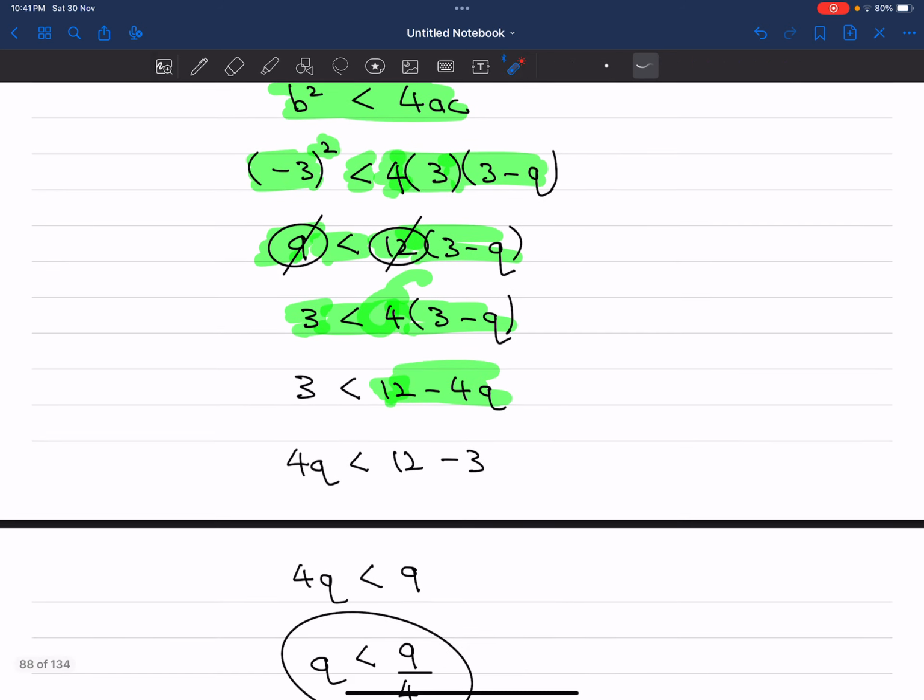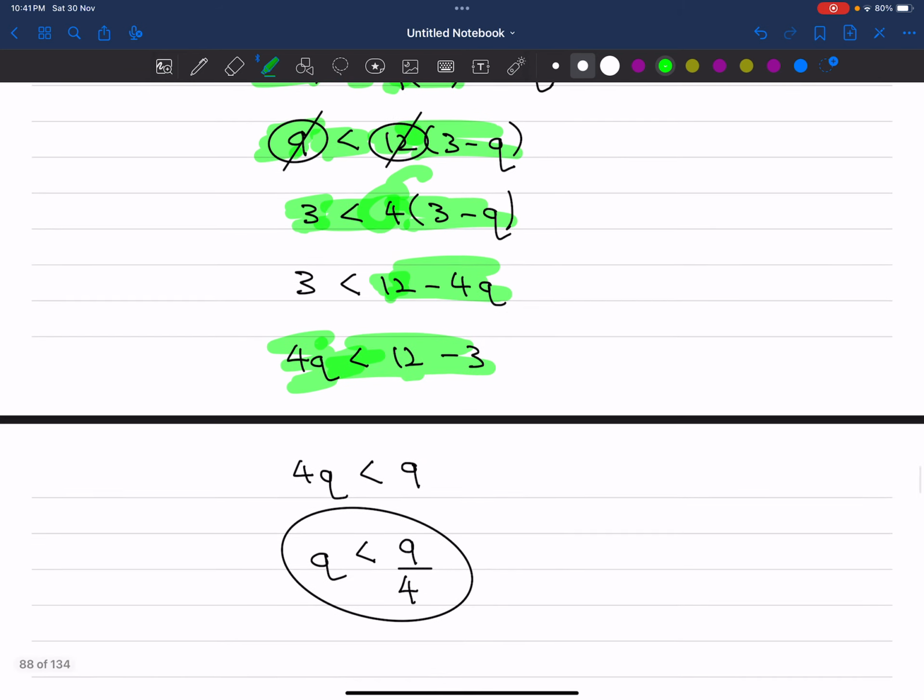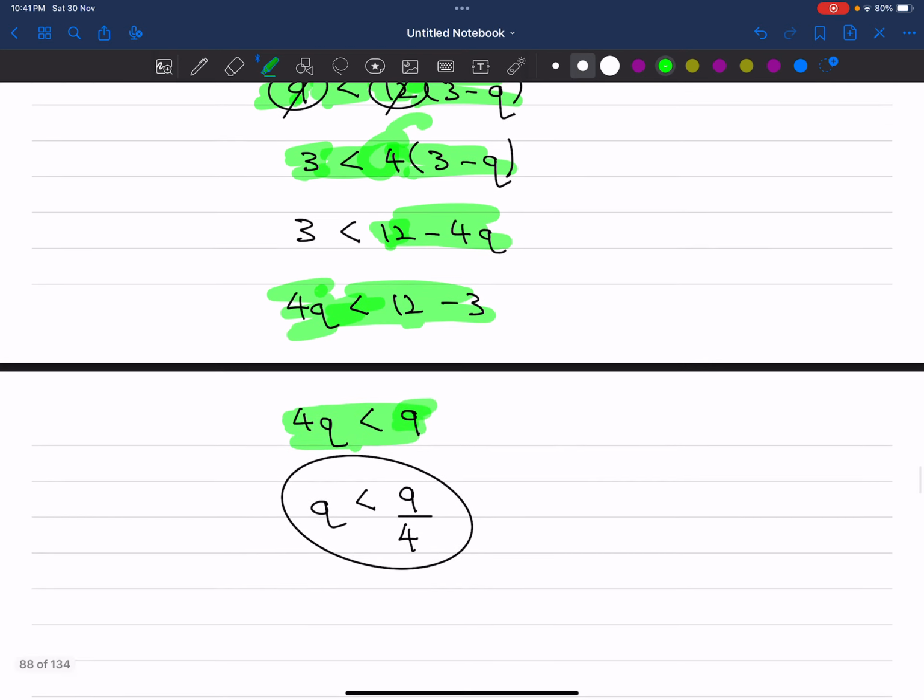I transfer the negative 4q to the left hand side. 4q less than 3 transfer to the right hand side, 12 minus 3. And 12 minus 3 is 9. So I have 4q less than 9. The 4 transfers to the right hand side, divide. So my q is less than 9 over 4.